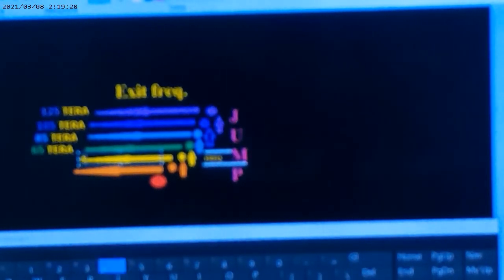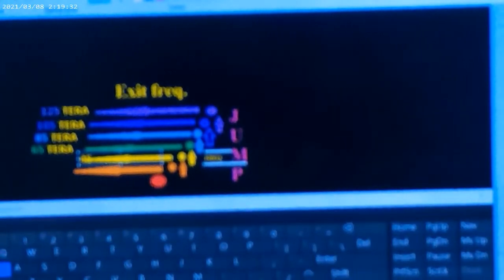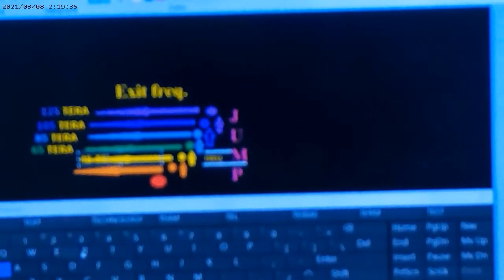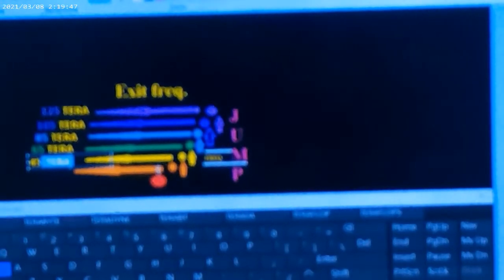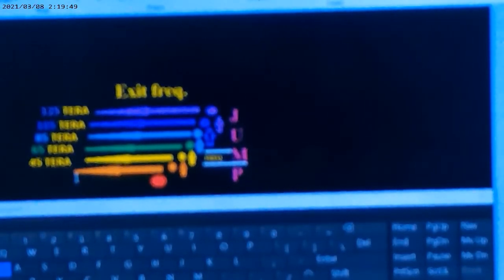And 45, getting to the end here for this guy. Don't have to change any of the coloring on that one. And then finally 25 terahertz.